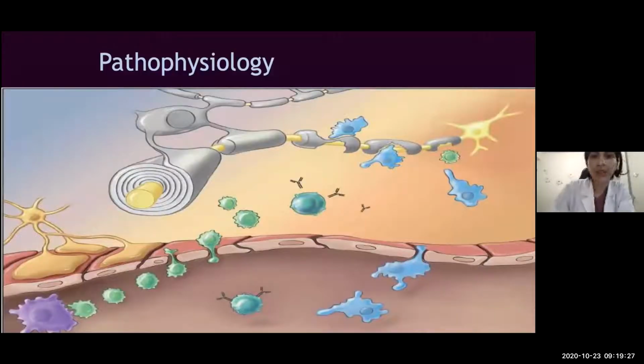So this slide shows the pathophysiology for MS patients. It's a T cell mediated type 4 hypersensitivity reaction. T cells are key players in multiple sclerosis. These cells enter the blood-brain barrier and are inappropriately activated to recognize myelin and myelin-forming cells, that is oligodendrocytes you see here, sheathing the axon.